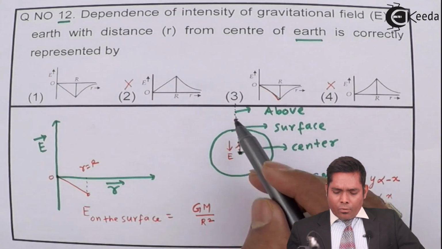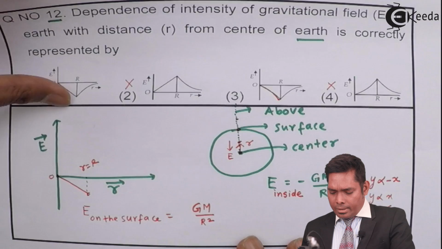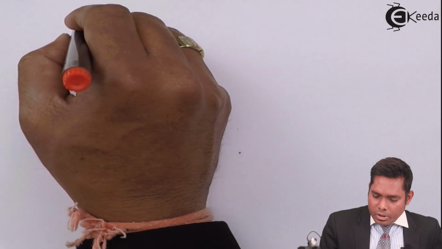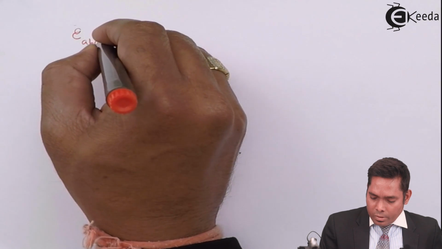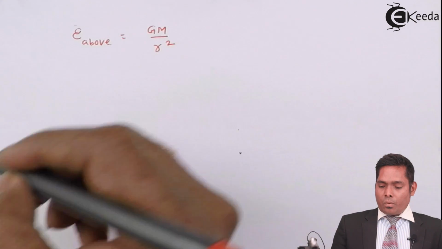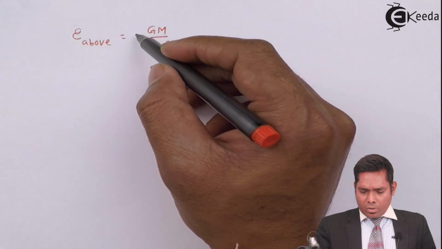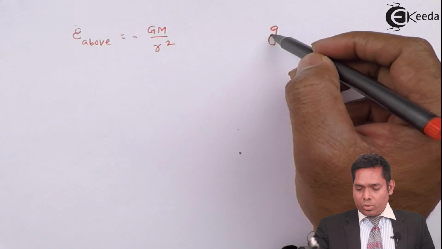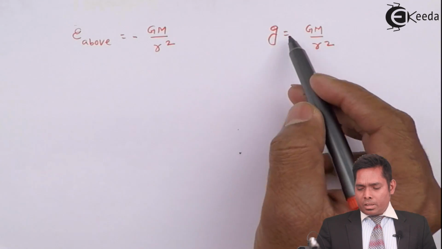Then the formula for E above the surface is GM upon r squared. This is the formula we're going to use. Obviously negative, because if you think of acceleration due to gravity, that is GM upon r squared, so g is inversely proportional to r squared.